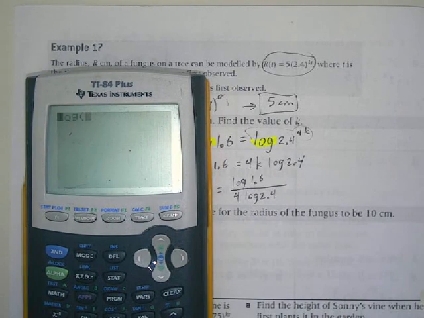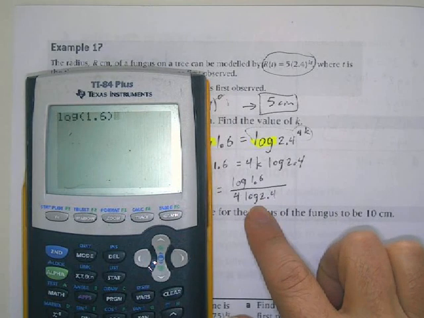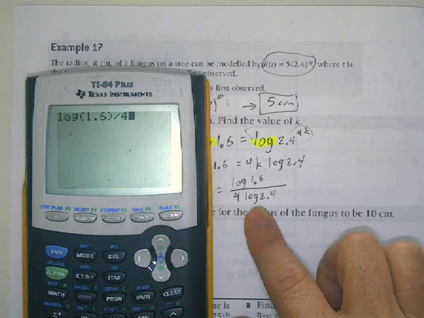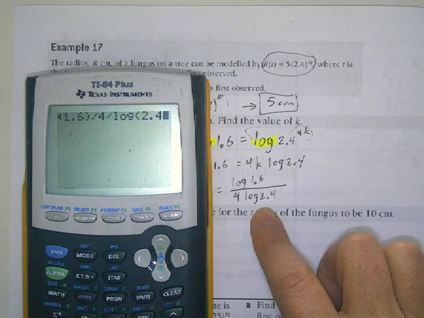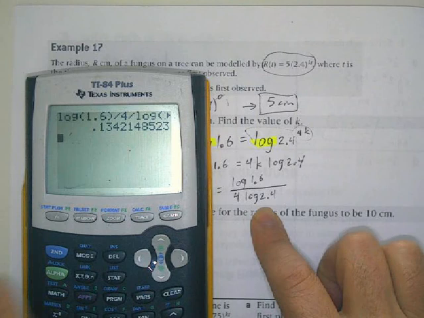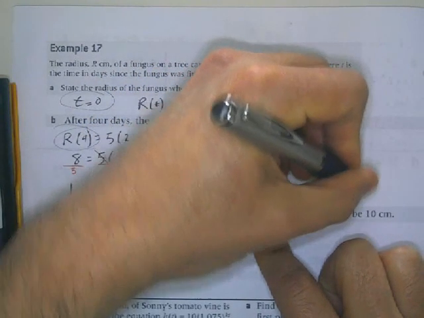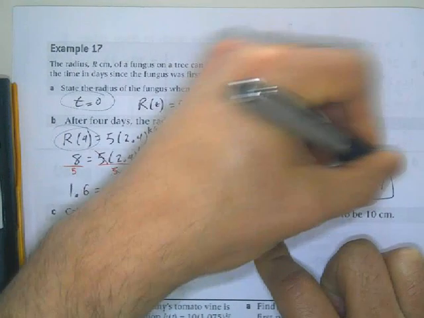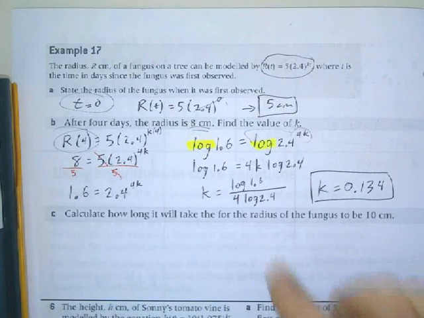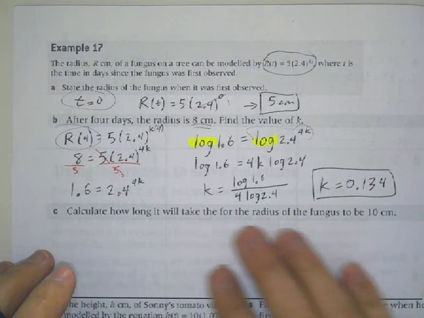Log 1.6, close my parentheses, divided by 4, divided by log 2.4, close the parentheses, and we get 0.134. And then question C, how long will it take for the radius of the fungus to be 10?